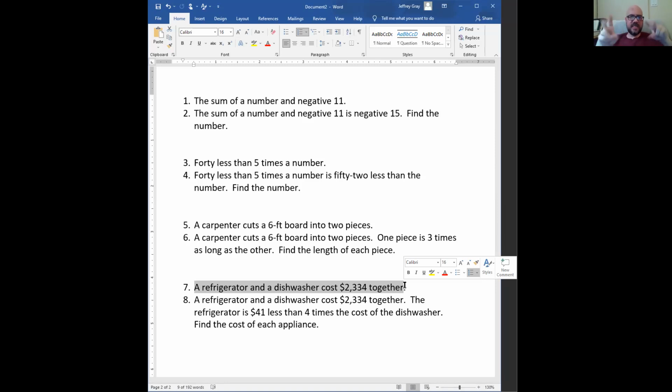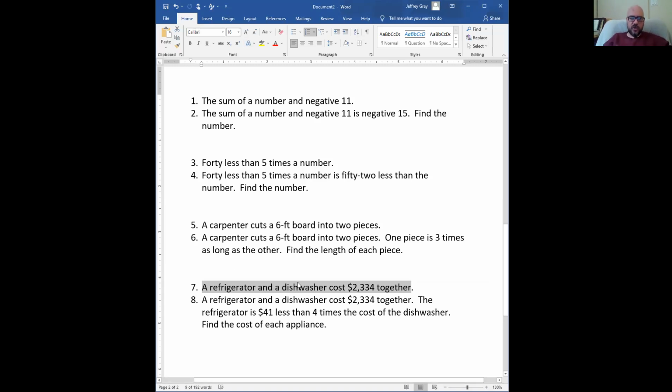But when somebody says together, they don't usually mean multiply them or divide them. What they mean is add them up. So together usually means addition. Not always, you can phrase things weird. But usually if you see together, that generally means addition. So I'm thinking of a refrigerator and a dishwasher cost $2,334 together. All right, so let's go see what that looks like.